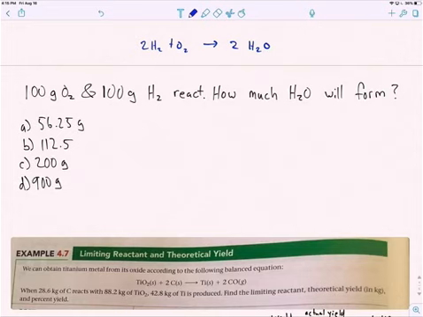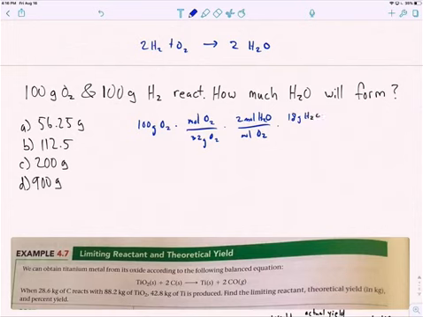Okay, so some hints. We have 100 grams O2, 1 mole O2 per 32 grams O2, 2 moles water per mole O2, and if you want, 18 grams water per mole water.